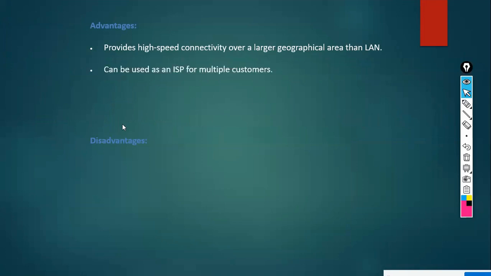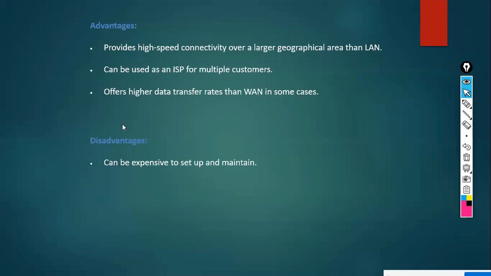It is usually used by ISPs for multiple customers. I just explained in the diagram that the ISP will be in the NOC center or somewhere, and they will have a point of presence, and from there all the connections will go to the customers. It offers higher data transfer rates than WAN, because it's almost like a LAN. The data speed can be 100 Mbps to 1000 Gbps also. It is very expensive, and it is difficult to maintain.